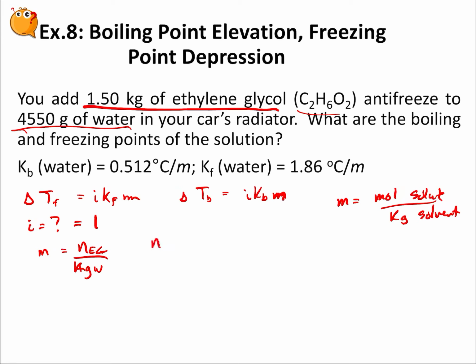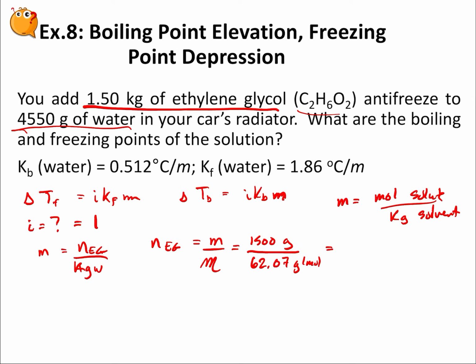So the moles of the ethylene glycol is going to be mass over molar mass. The mass is given to us in kilograms, which we can turn into grams, 1500 grams, divided by the molar mass of ethylene glycol, which is 62.07 grams per mole.